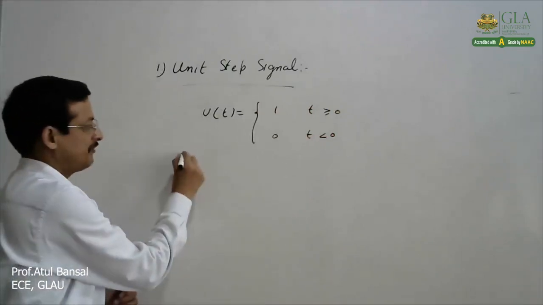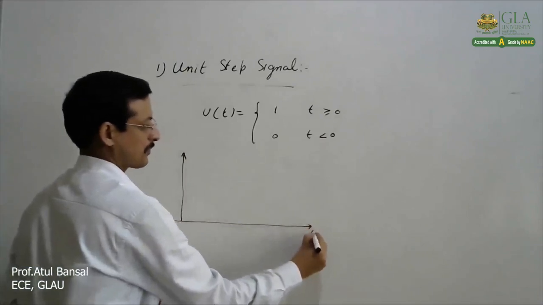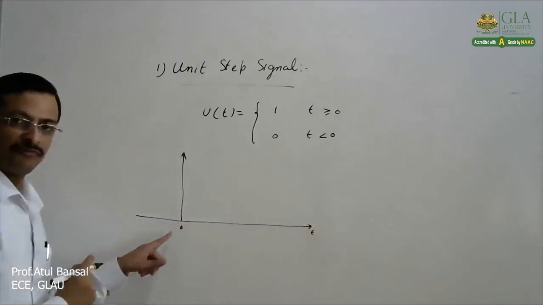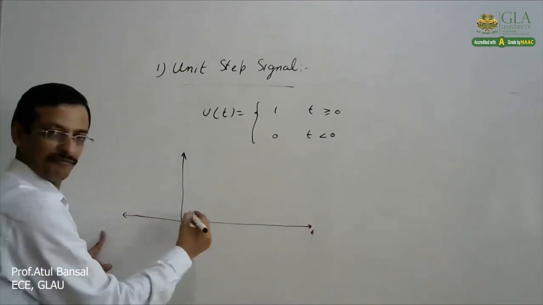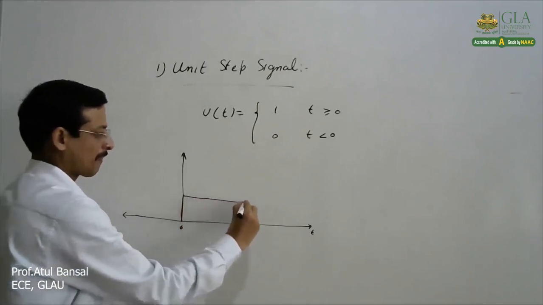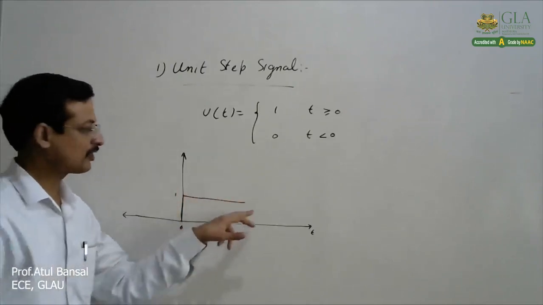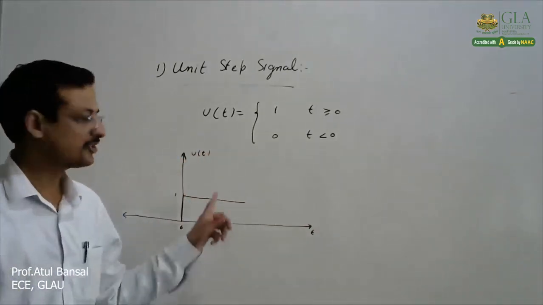And graphically, if we plot that, it is 0 for t less than 0, and from t greater than or equal to 0, this is 1 and it will continue up to infinity. So that is the unit step signal.